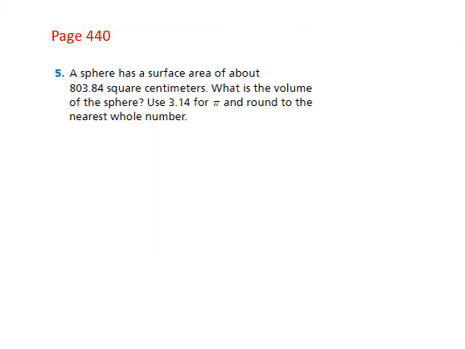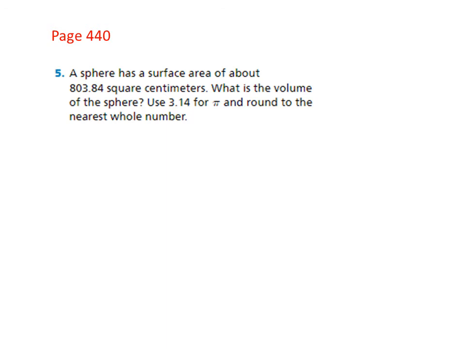Question 5. A sphere has a surface area of about 803.84 square centimeters. What is the volume of the sphere? Use 3.14 for pi and round to the nearest whole number. Of course, we'll use the radius length to find the volume of the sphere. But do we have the radius length here?